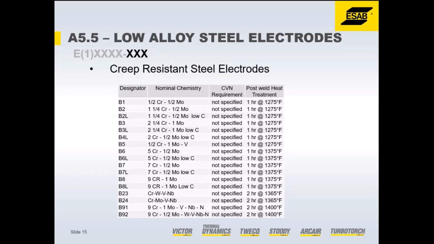A few years back, we went away from the B9, and now we're expanding into the B91, which would be the old B9 material, and B92, as we get into materials that can have better and better creep properties and can spend more time at the very high temperatures they're seeing in those industries.